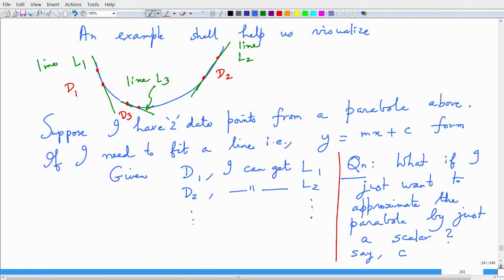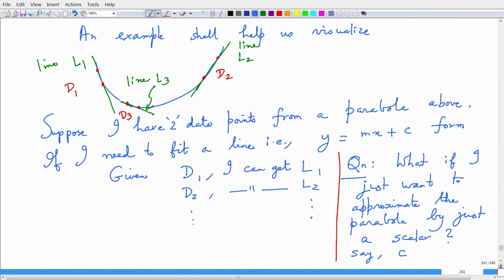This picture becomes very clear when we delve into the visualization. So, let us consider the parabola here. This is the blue curve, it is a parabola. Let us say I am given just 2 points from this curve. What 2 points do I have?